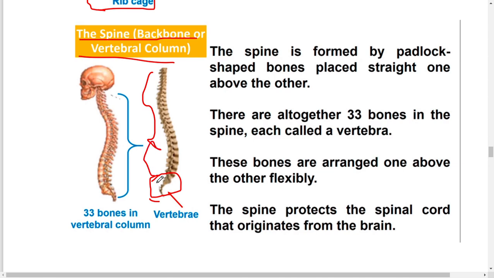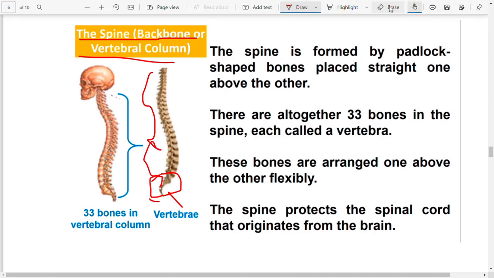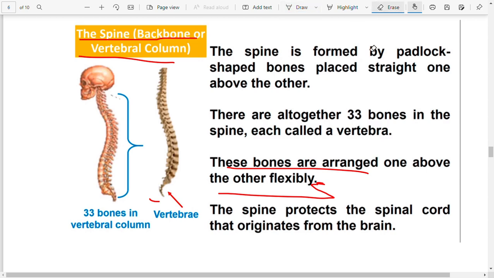Counting these bones, there are a total of 33. They are arranged one above the other flexibly. They can't fall, and we can bend them at our will.